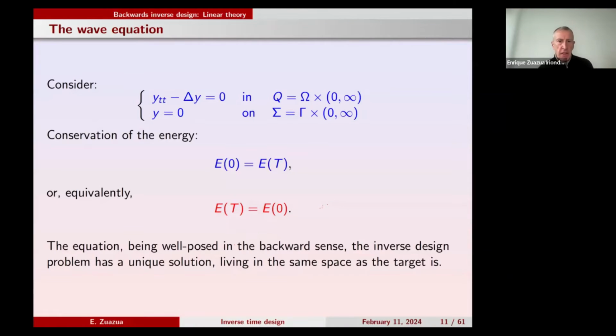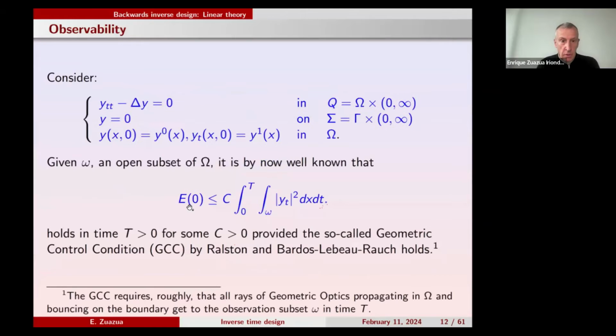This is actually an infinite dimensional Hamiltonian system where energy is conserved, right? And reversing time, you can equally solve this PDE backwards as you do it forward. So no difficulty at this point, right? You can apply the same analysis, the same computational methods for solving this wave equation backwards, because it's a time reversible model, okay?